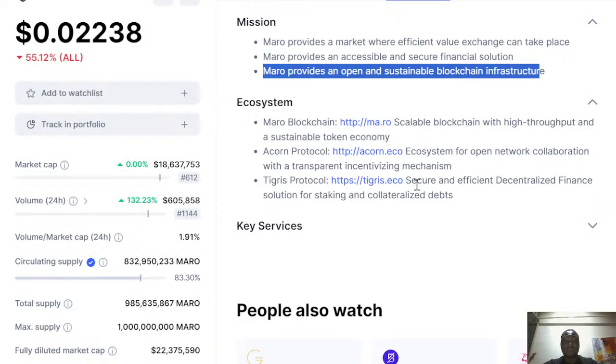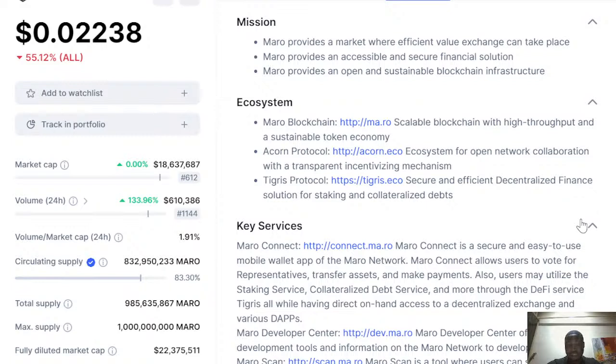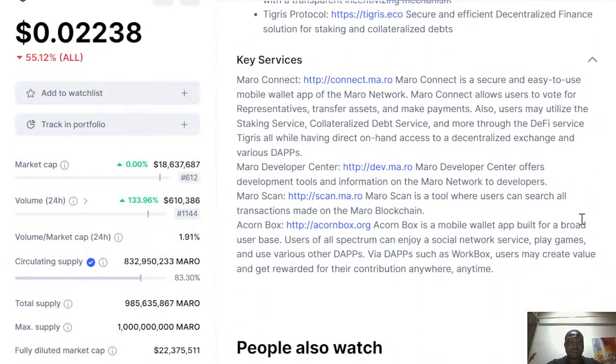Now, the top one is a secure and efficient decentralized finance solution for staking and collaborating debt. And what are the key services? Look, these are the key services. The micro connects with a secure and easy-to-use mobile wallet on the micro network.